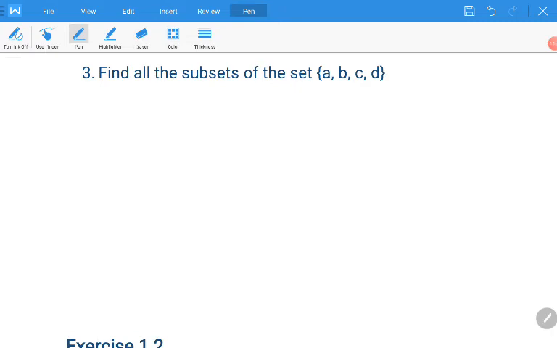Now, on our third example on subsets, we are going to consider a set with 4 elements.